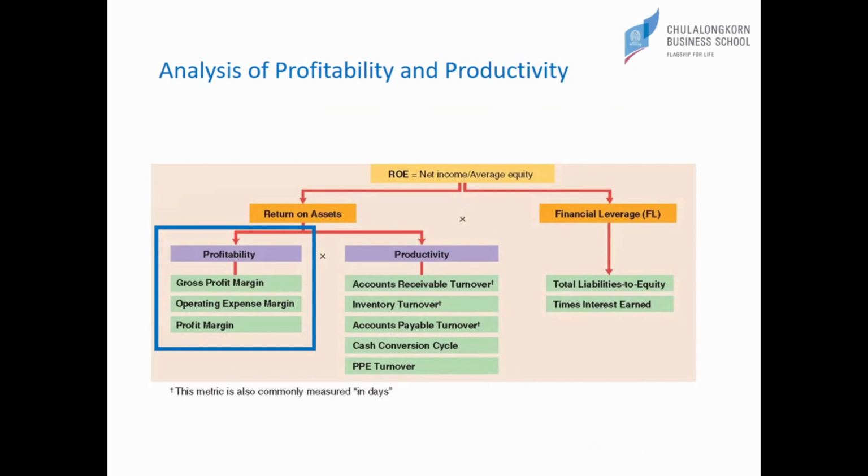We saw one measure each for the profitability and productivity, but there are actually many different measures that can be used to provide useful insight. First, we'll be looking at the profitability. We already looked at profit margin, so we'll be looking at gross profit margin and the operating expense margin.